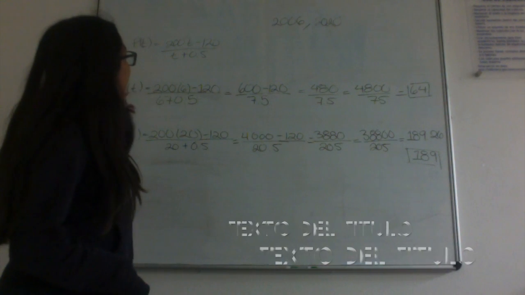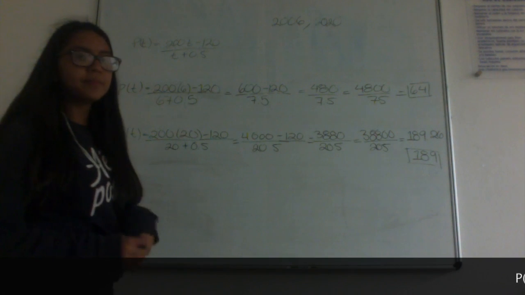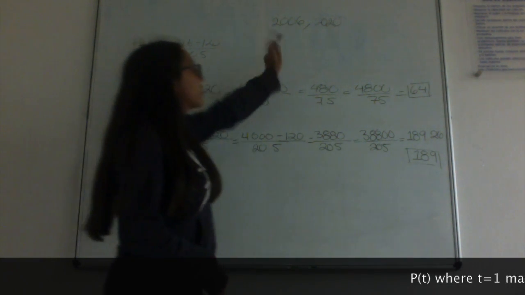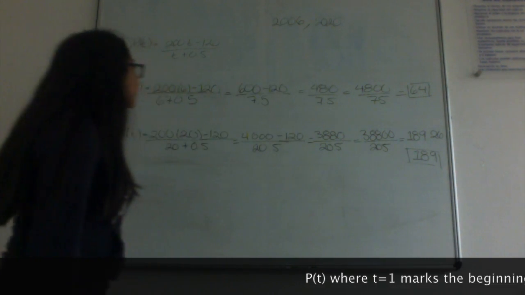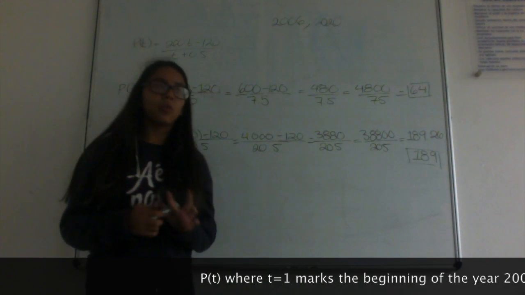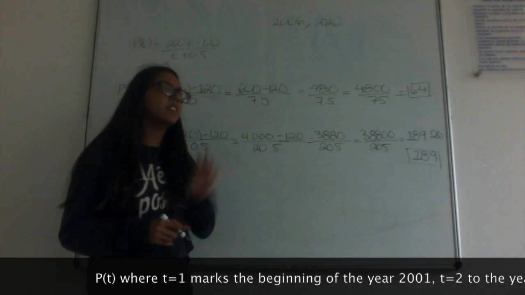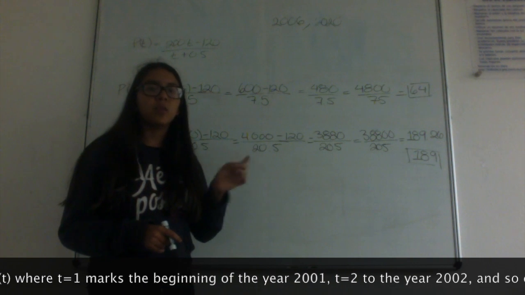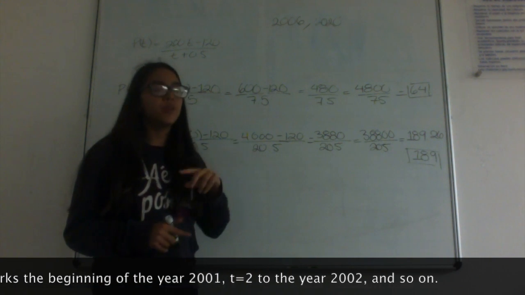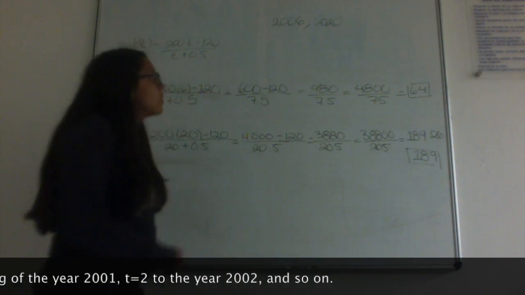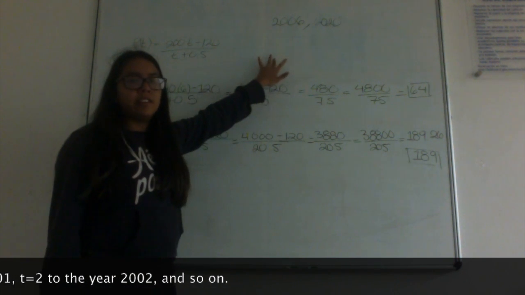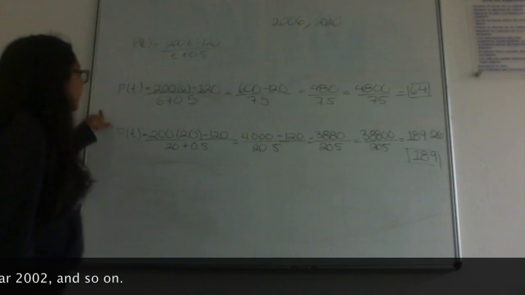Now we have to know the population of rabbits in 2006 and 2020. So to do that, we thought 2000 is 0, 2001 is t equals 1, 2002 is t equals 2, and so on. So 2006 is t equals 6.